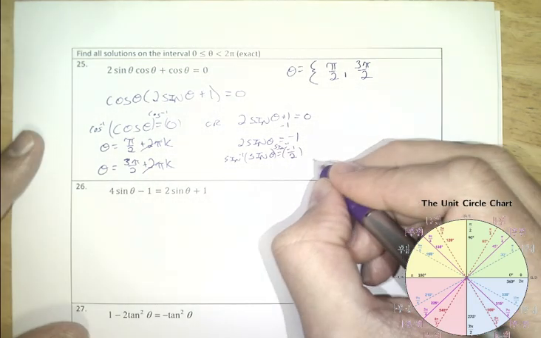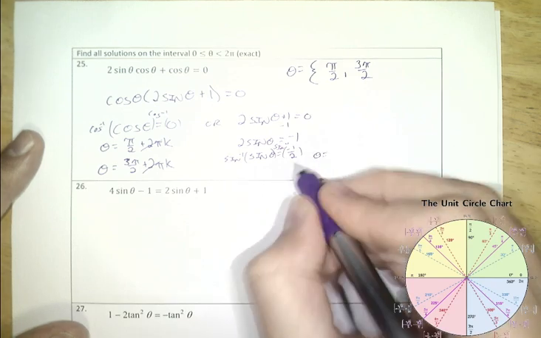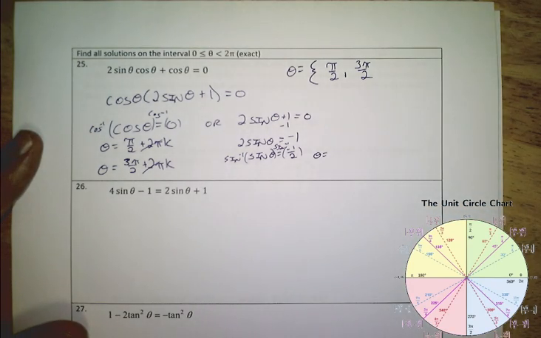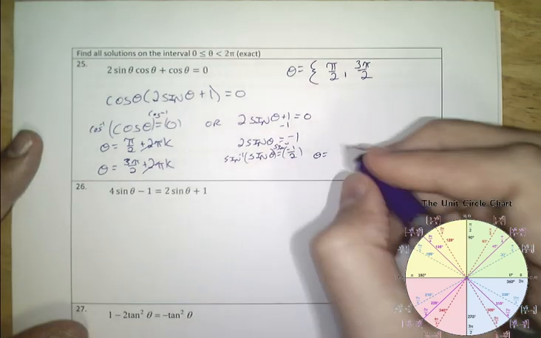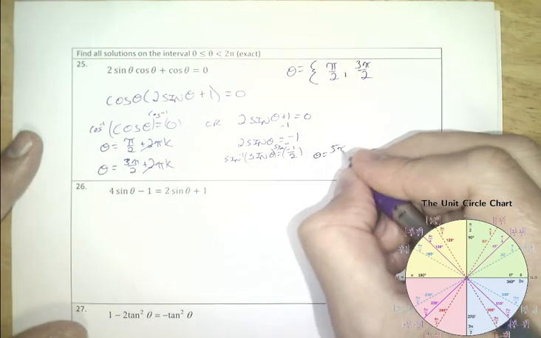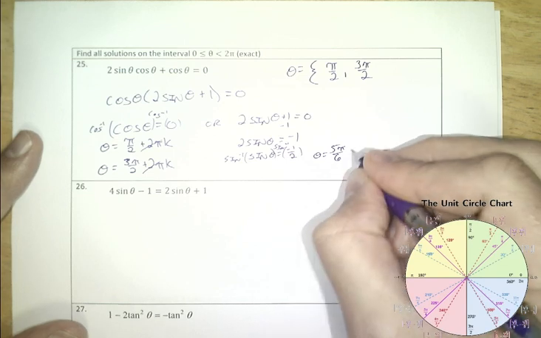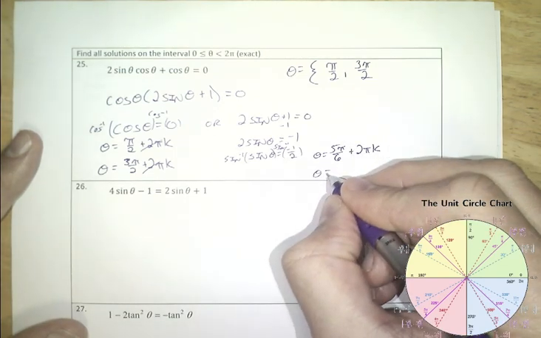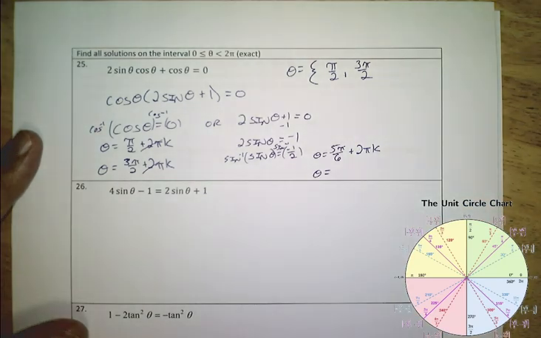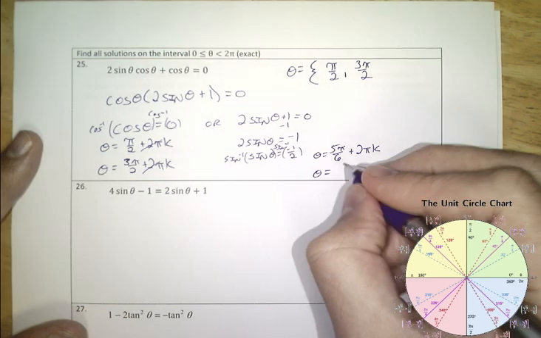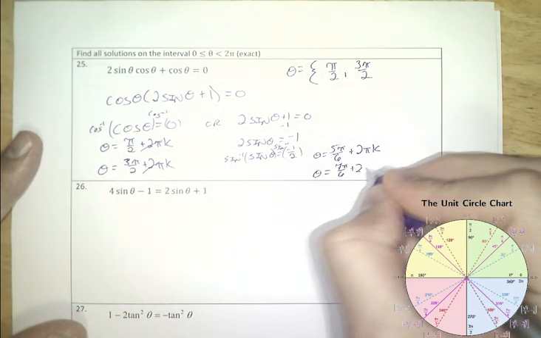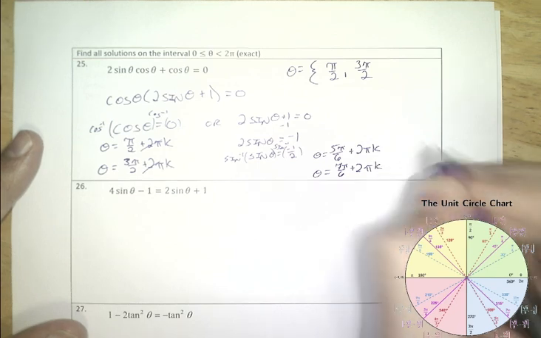So that's going to give us theta is equal to, so where is sine equal to -1/2? Well, that's going to be at 5 pi over 6 plus 2 pi k. And the other -1/2 is going to be in quadrant 3, so it's going to be 7 pi over 6 plus 2 pi k.